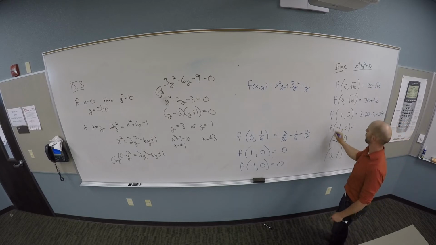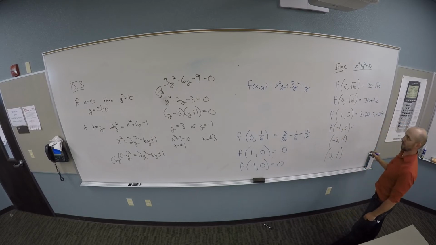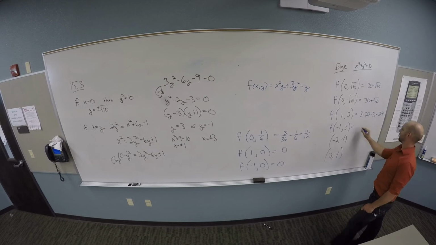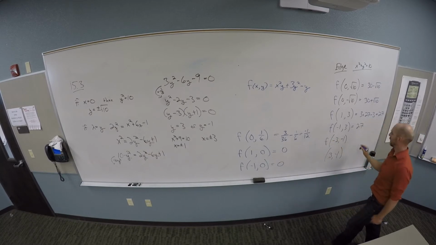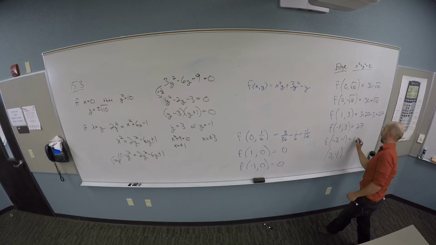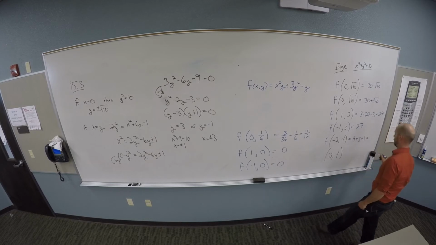Okay, f of (-1, 3) is the same thing, 27. f of (-3, -1) is... wait, what do we think?